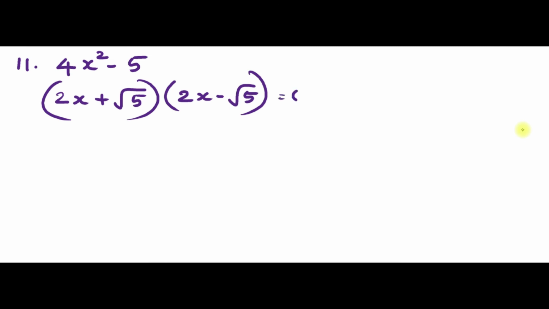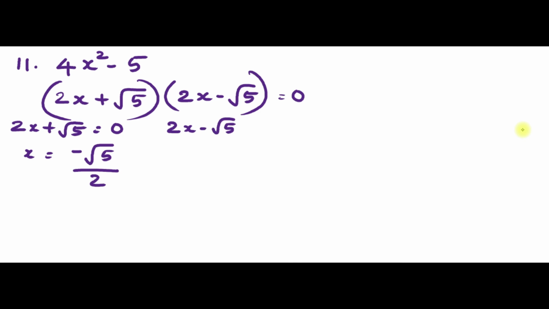Equal to 0. So 2x plus root 5 equal to 0, x is equal to minus root 5 divided by 2. Similarly, 2x minus root 5 equal to 0, x is equal to root 5 divided by 2.